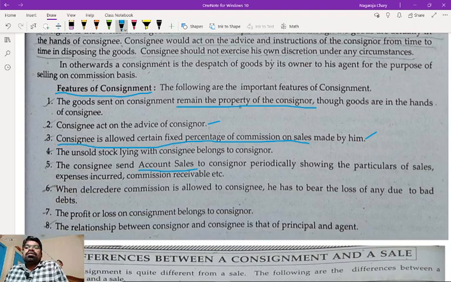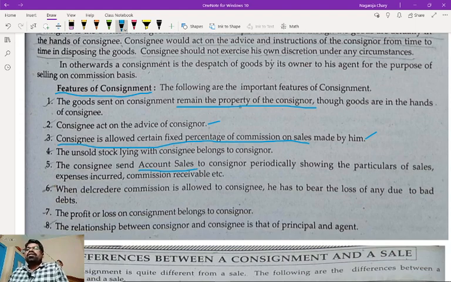What is the unsold stock, what is the sold stock, at what rate we sold, how much stock was sold. The total details have to be sent to the consignor by the consignee. That statement containing the detailed information is known as account sales.